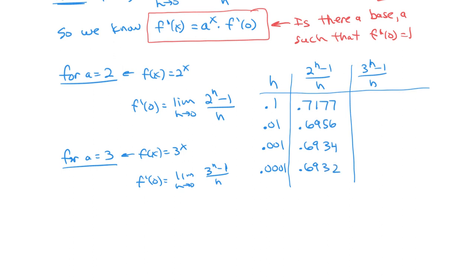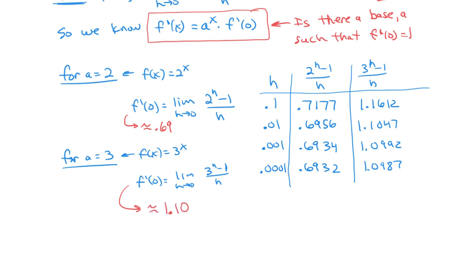And with 3, you do the same thing, and we get something that's also not really going to 1. So this limit looks like it's about equal to 0.69. And this one looks like it's about equal to 1.10.